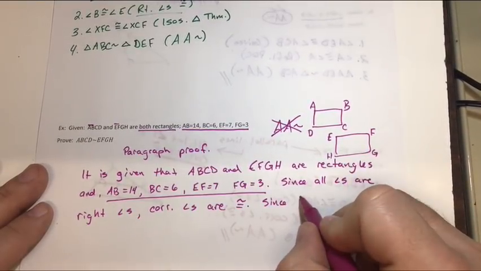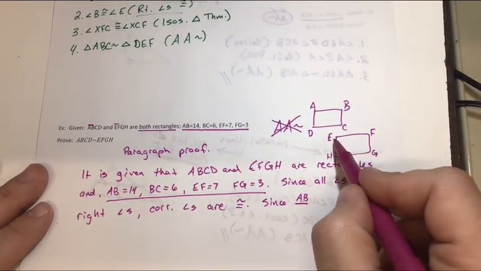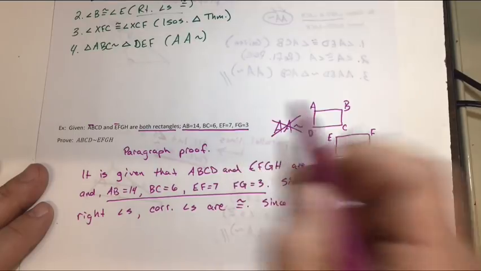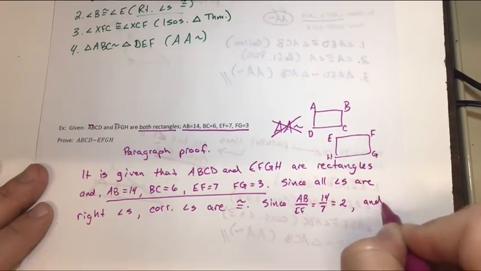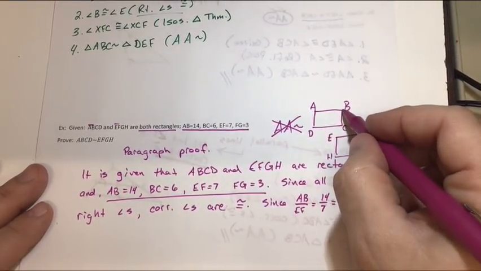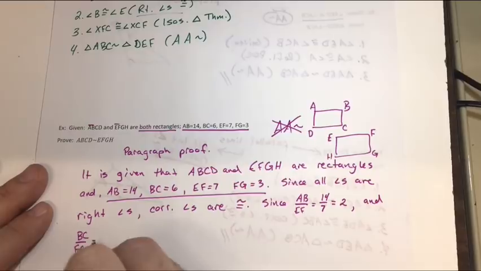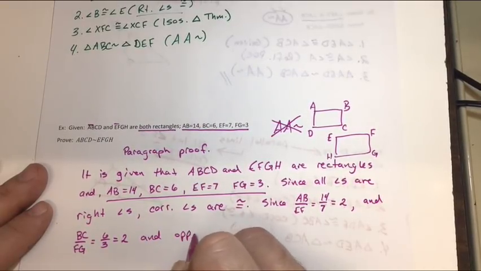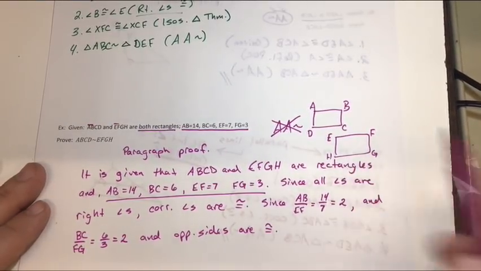Since AB over its corresponding side, which would be EF, equals 14 over 7, which when I simplify it equals just 2, and I'm going to do the other corresponding sides, BC over its corresponding side FG equals 6 over 3, which also reduces to 2, and opposite sides are congruent in rectangles because they're parallelograms.